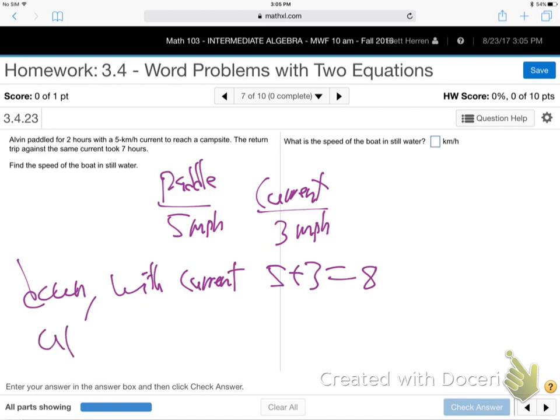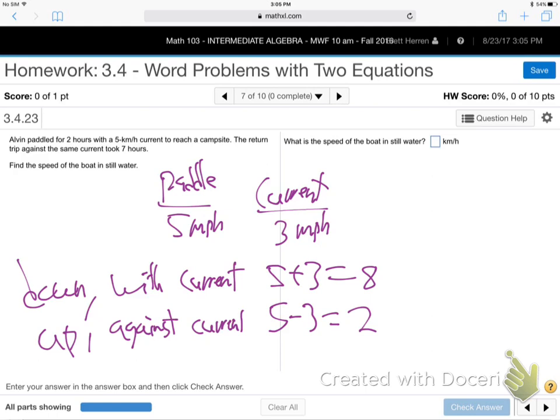That's right. When you turn around and go upstream against the current, you're paddling, the river's coming against you, going uphill, upstream. How fast are you going to go? 2. You're going to subtract them, right? That 3 coming against you is going to slow you down 3. You're only going to be able to make it at 2 miles an hour, right?